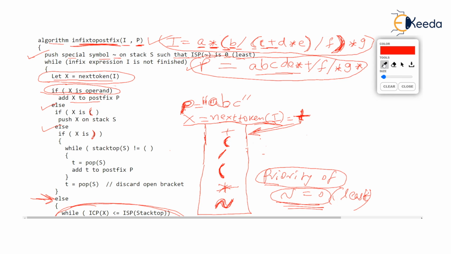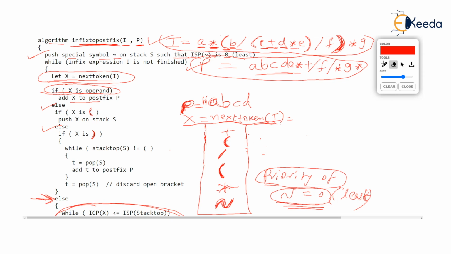Okay, so what's the next symbol? The next token is going to be D. And D, check that D is nothing but an operand. As D is an operand, we will simply add D to the postfix. Operand is added to postfix, isn't it? Now what next? The next token is multiplication. Now watch. Multiplication is an operator, isn't it?